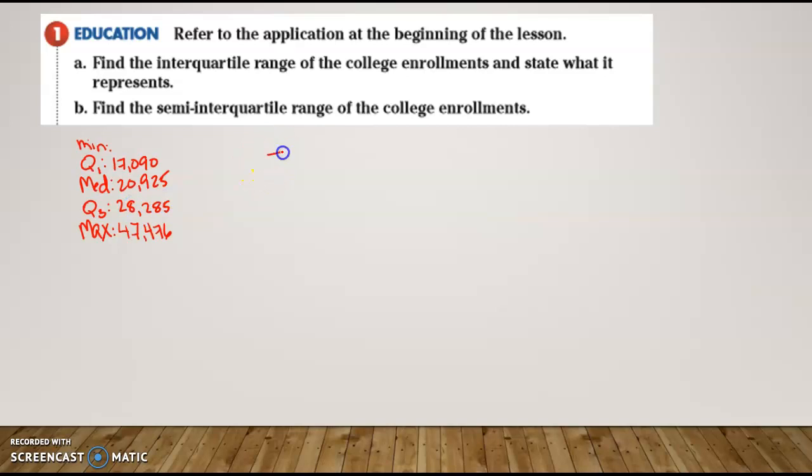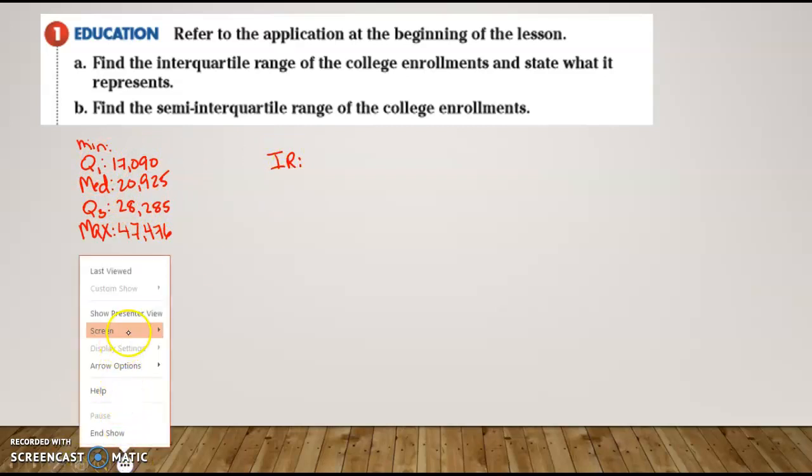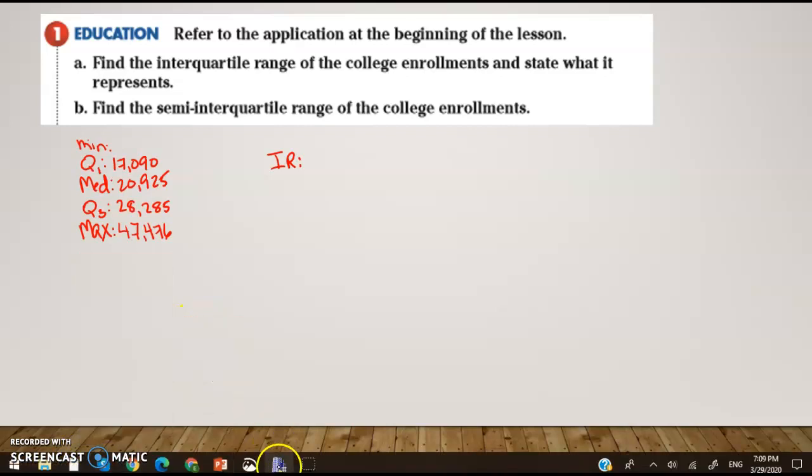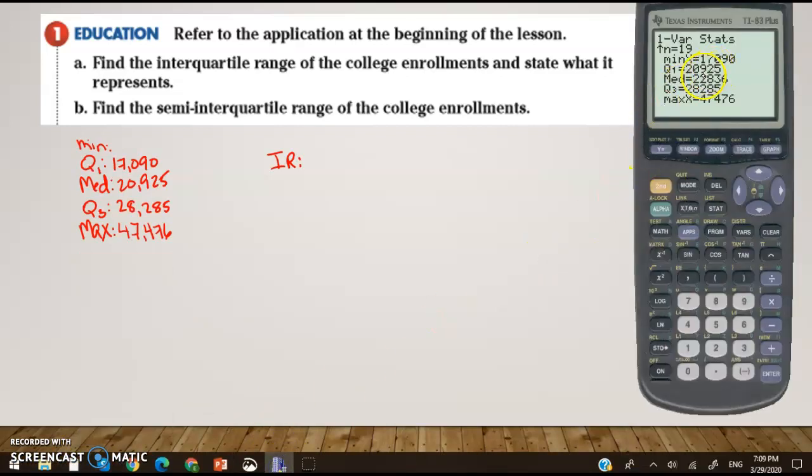All right, so our interquartile range is going to be Q3 minus Q1. We got that listed wrong. Missed my minimum. It's 2095. Missed my median.